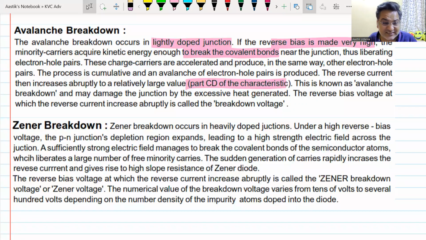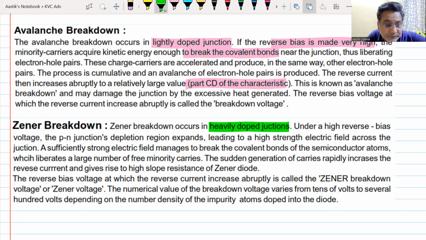The next one is known as a Zener breakdown. Now, what do you mean by Zener breakdown? Remember the important points. It occurs in highly doped junction.